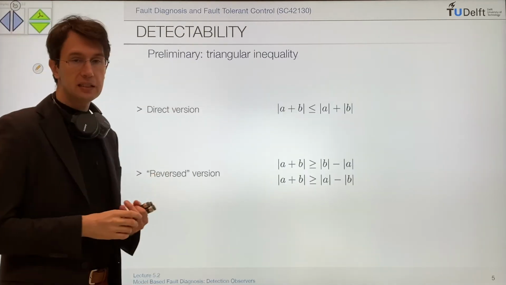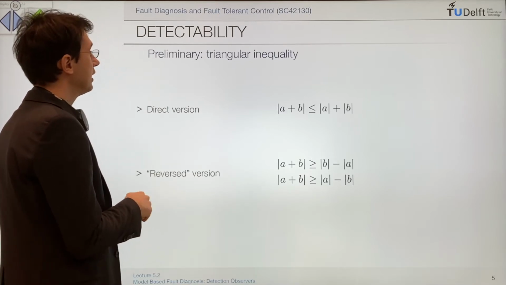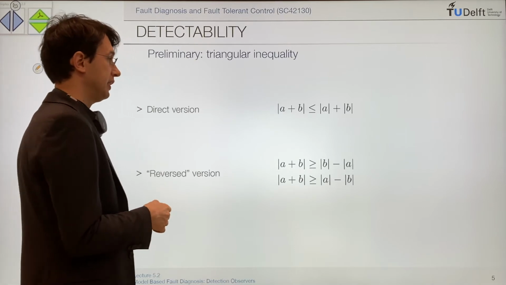So one thing that we will need later, if we want to prove some theorems, is the triangular inequality.